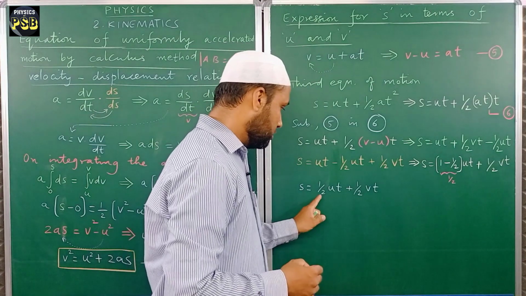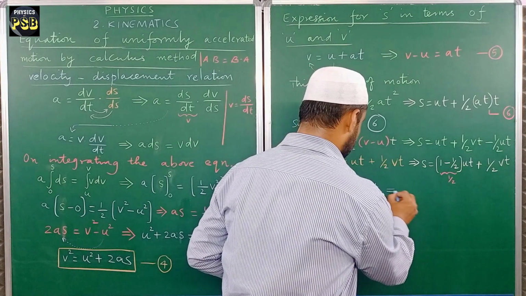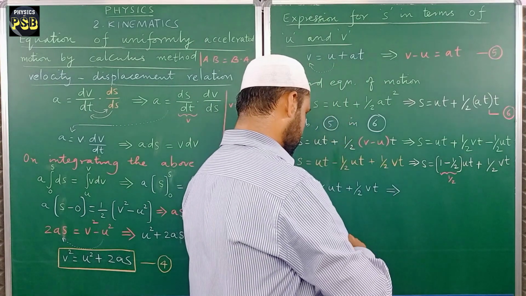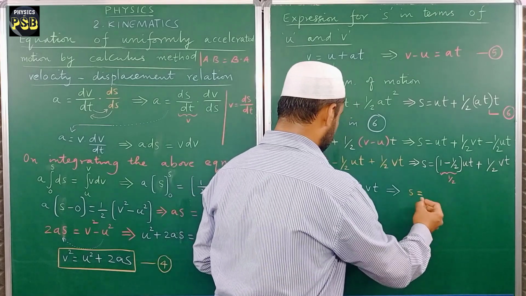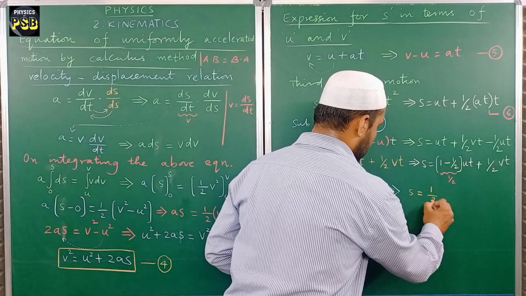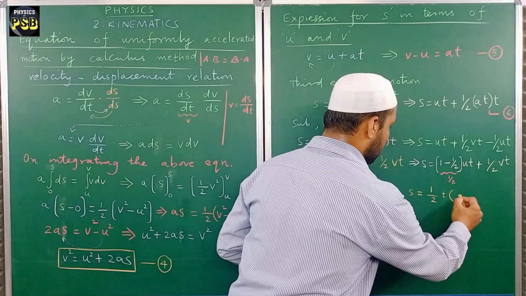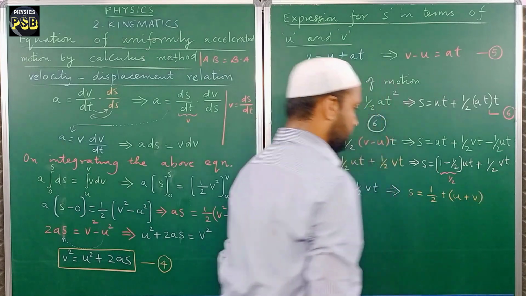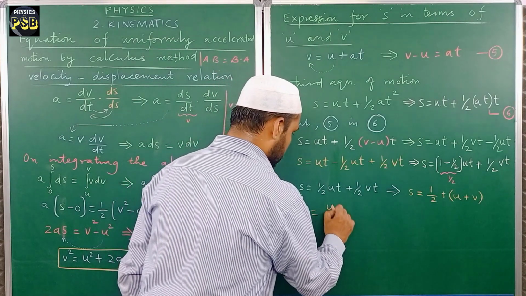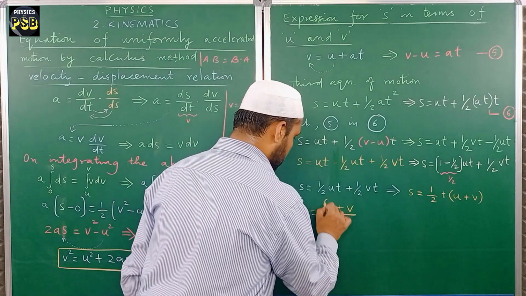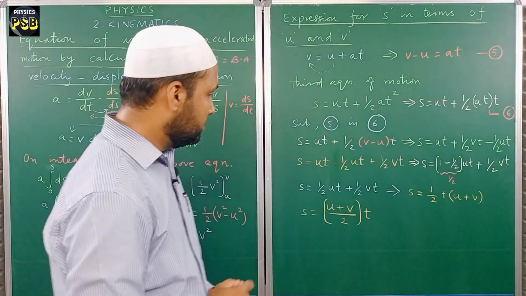Now what is the common term here? Common term is half t. So the next step, I get this: equals half t multiplied with (u plus v), or this can be written as (u plus v) divided by 2 multiplied with t.